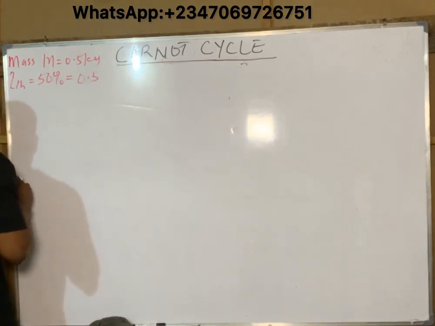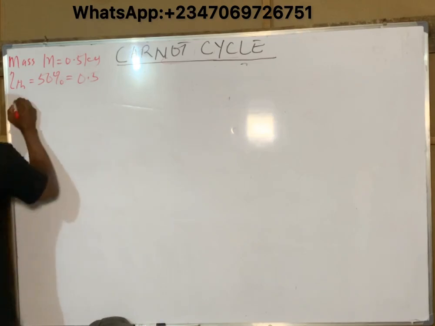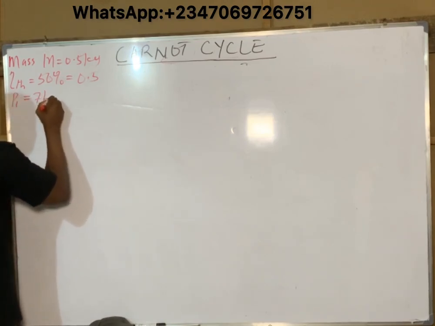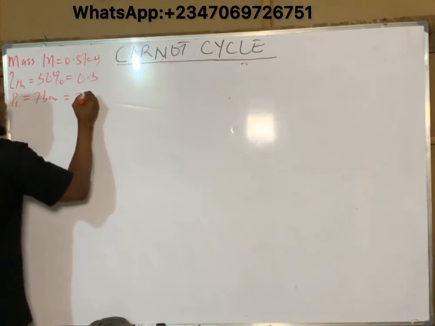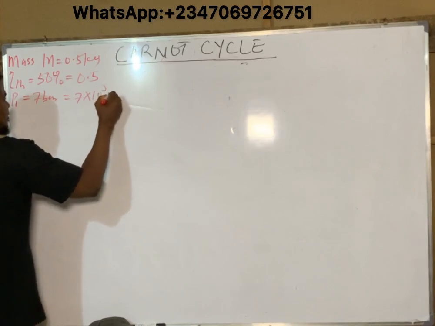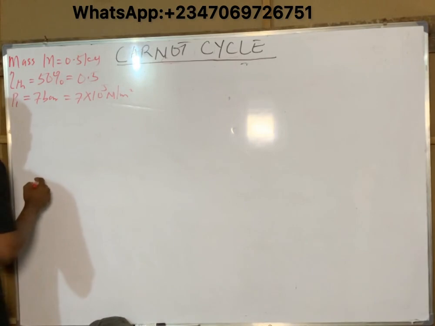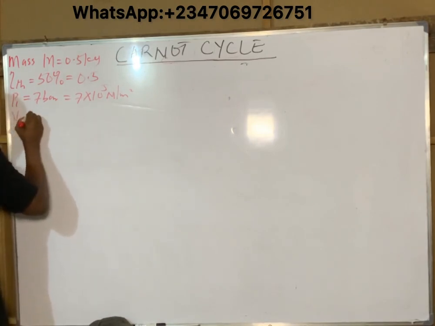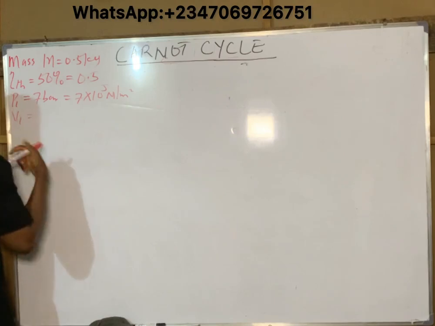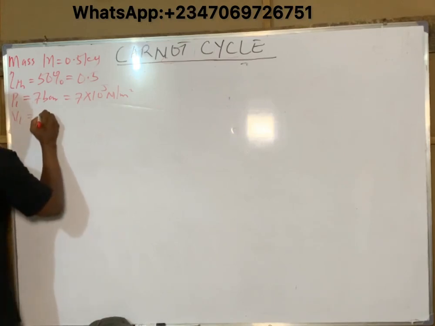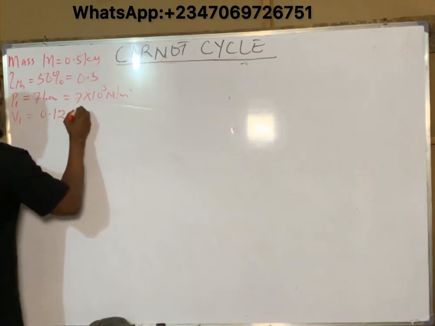We're also given that at the beginning of expansion, pressure is 7 bar. So initial pressure P1 equals 7 bar, which is 7 by 10 to the power of 5 newtons per meter squared. We are also given volume. Initial volume V1 is 0.12 meters cube.